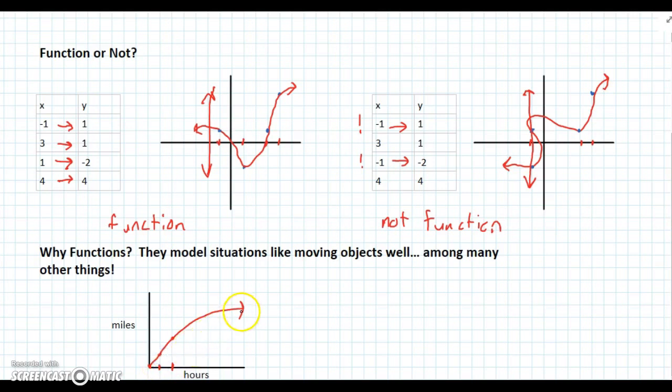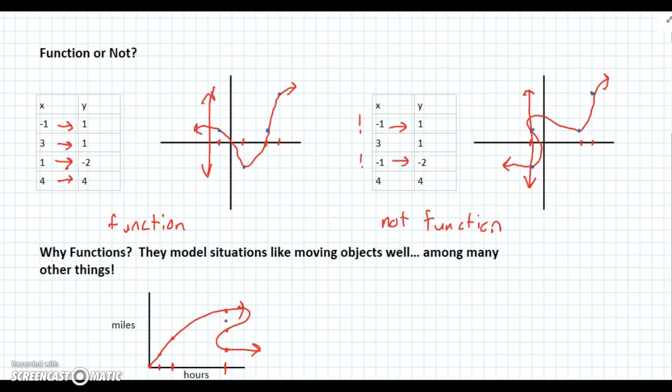Now, can you imagine if I made this not a function, like say it curled back on itself here? This would not make sense for a walk because at this time, what is that, like 6.5 hours? It is saying that you are about 1.5 miles away, 3 miles away, and about 4.5 miles away at the same time.